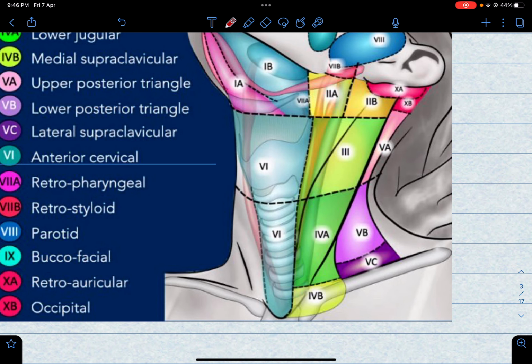Okay, what about level 7? Level 6, I'm sorry. Here's the central part, or the central compartment.